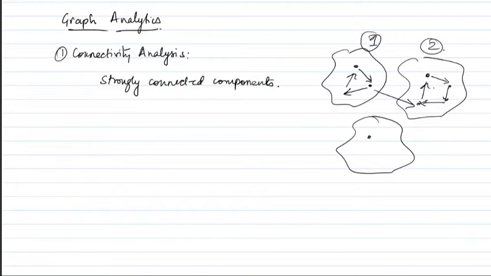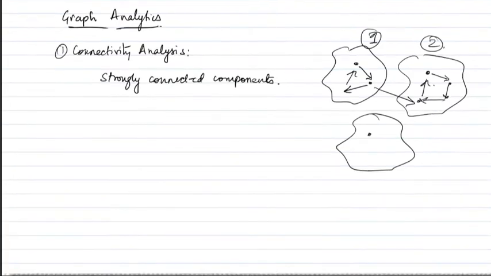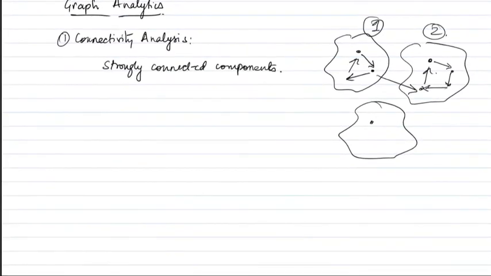And similarly in component two, but across component one and two, there's no edge going back from component two to component one, because of which you can't reach all the nodes in these two components. So that's why these exist as separate components. Okay. So we'll get to formal definitions and so on, but I'm just trying to give you a high level idea of the kind of problems we'll deal with.